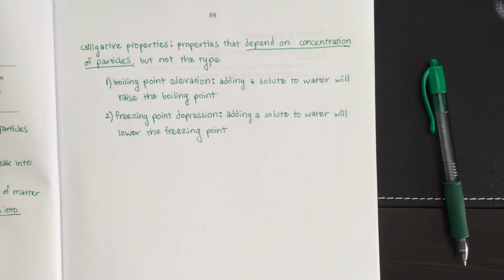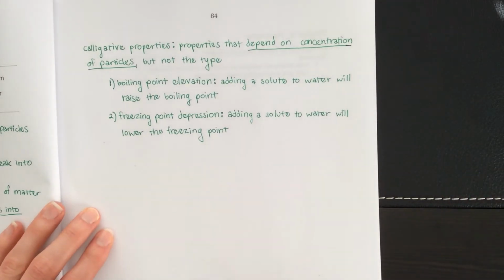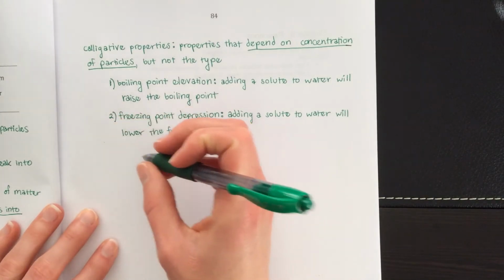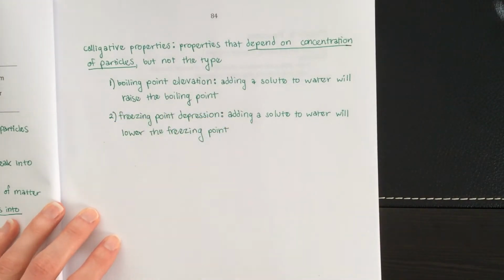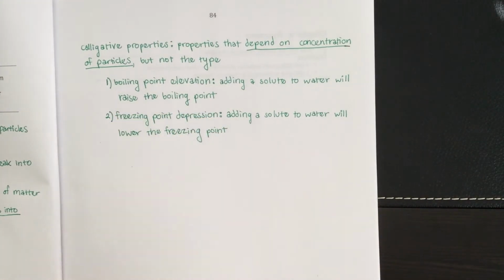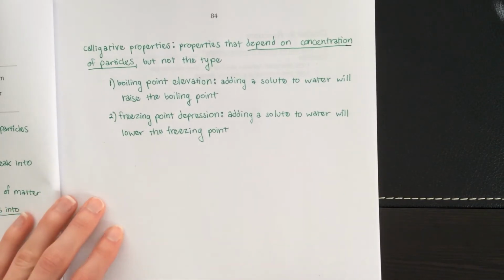So, pretty important stuff. We're gonna write down something to help us remember that the more particles there are, the more the boiling point and freezing point are gonna change.